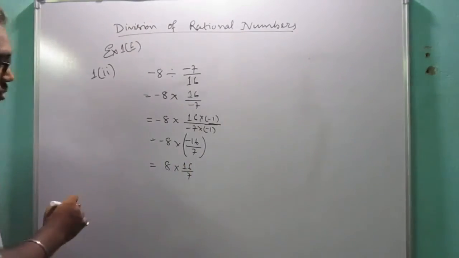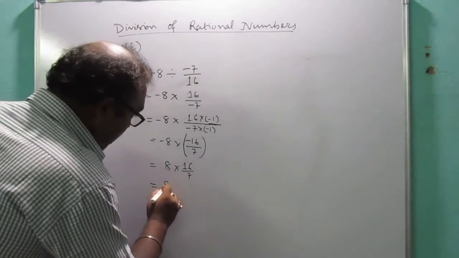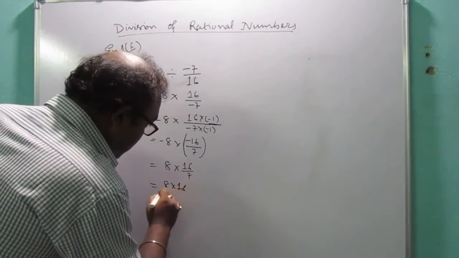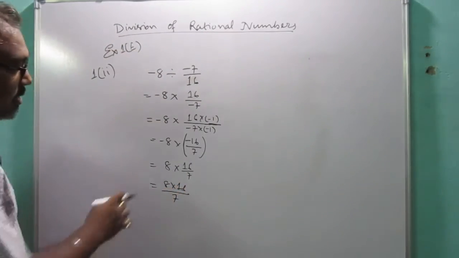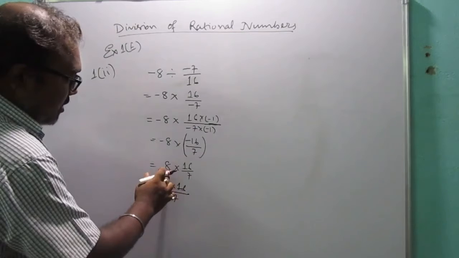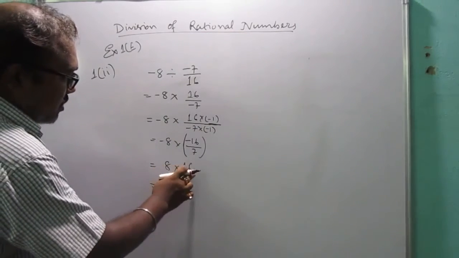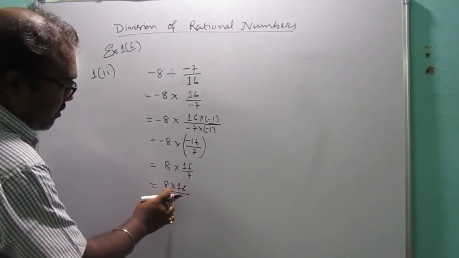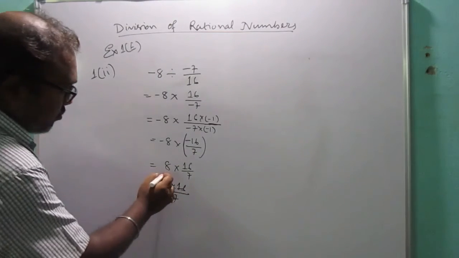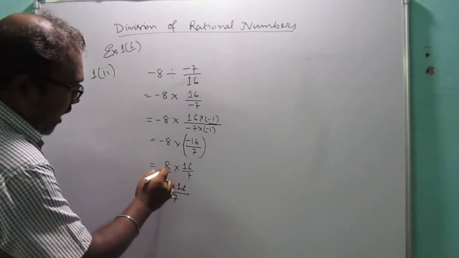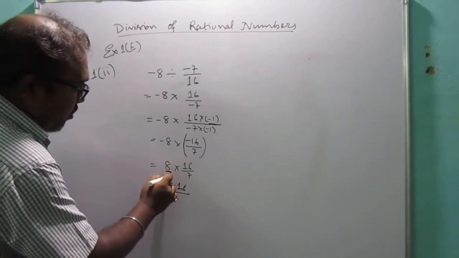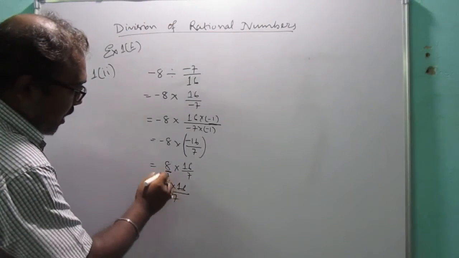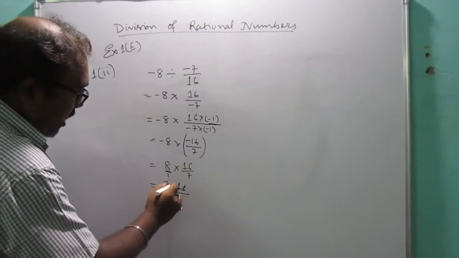Okay, now we have to do the multiplication. 8 into 16 by 7, as it is a multiplication, will be 8 into 16 by 7. Okay, because why? Because here is only 8, so 8 has the denominator 1, so 7 into 1 is 7, and the numerator is 8 into 16.